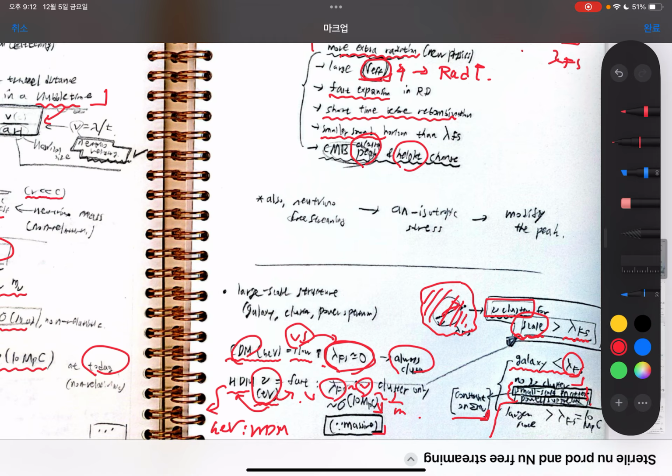From the point of view of the power spectrum, such active neutrinos, which are hot dark matter, cannot cluster if the scale is smaller than the neutrino free streaming length scale. This makes small scale suppression in the power spectrum and can constrain the active neutrino mass. So both sterile neutrinos and active neutrinos have an important role in cosmology, in the early universe and also in the later universe, like large scale structures.